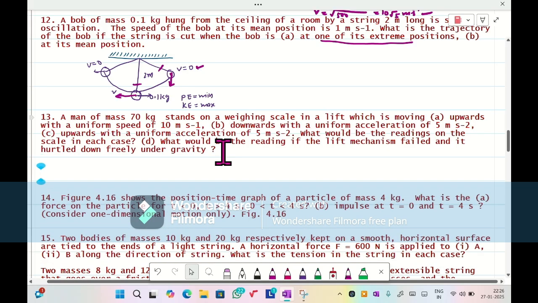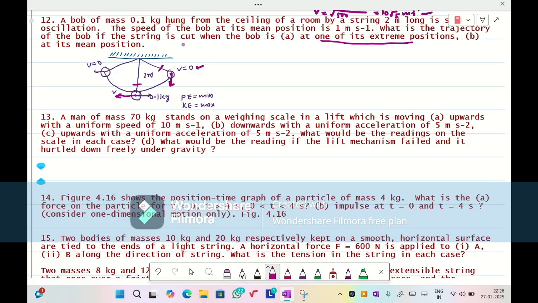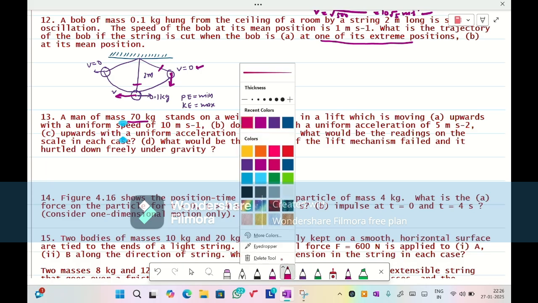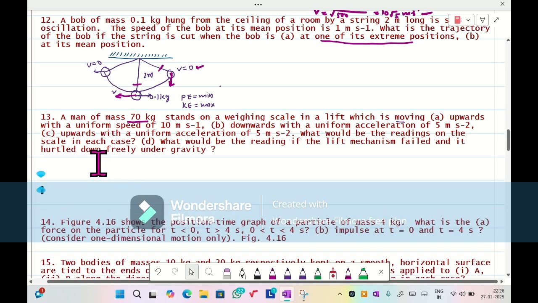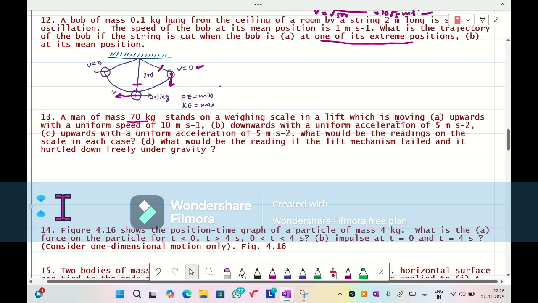Now a man of mass 70 kg is given, standing on a weighing scale in a lift which is moving. See, he is standing in a lift, right? So there is a lift here, consider.